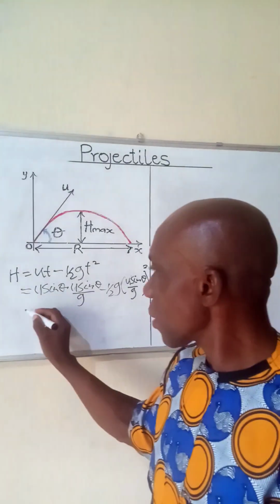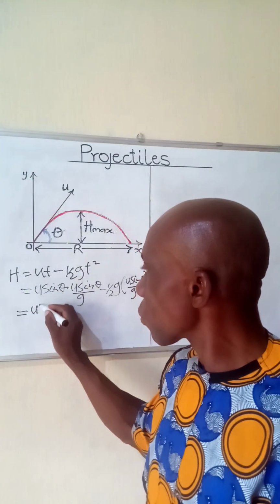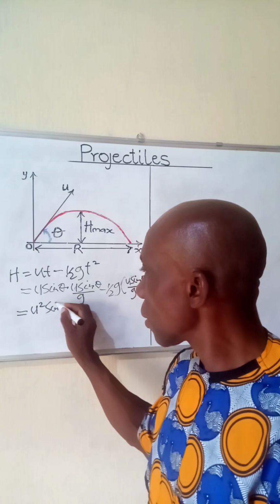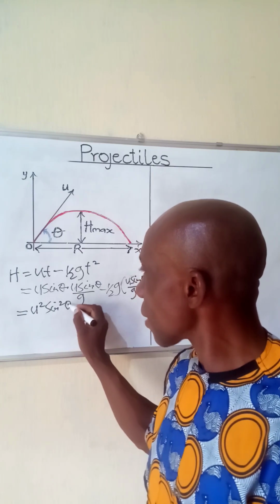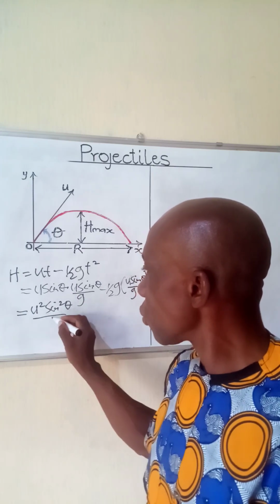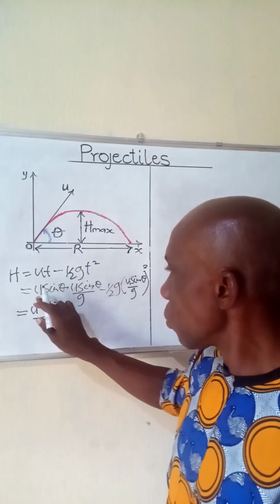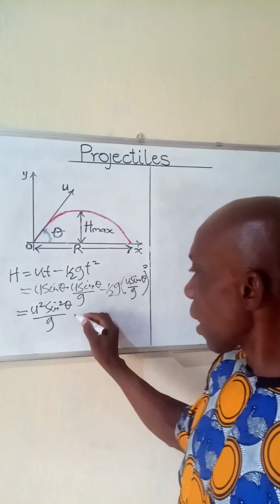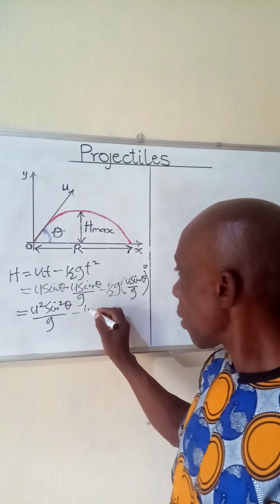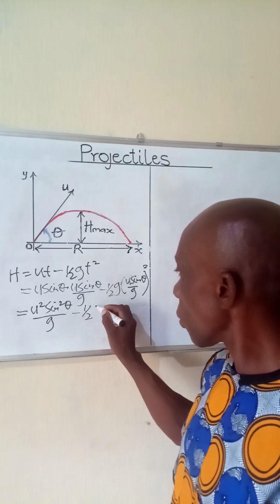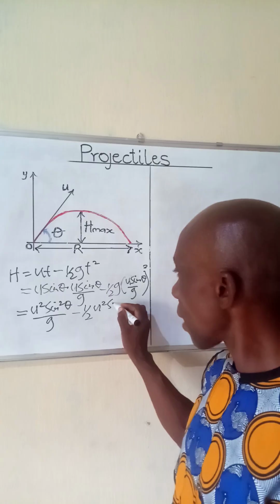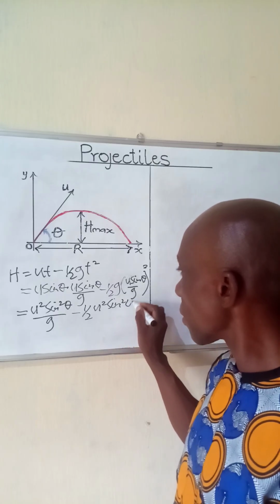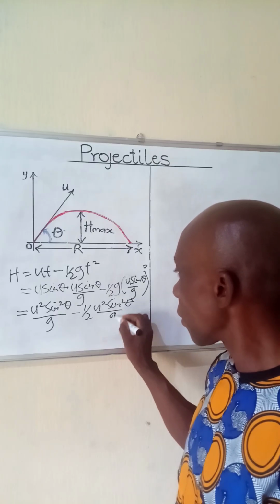Now we work this out, we'll end up having u square sine square theta over g. If you resolve this, u times u sine theta, sine square theta, if you work this out, you end up having minus half u square sine square theta over g.